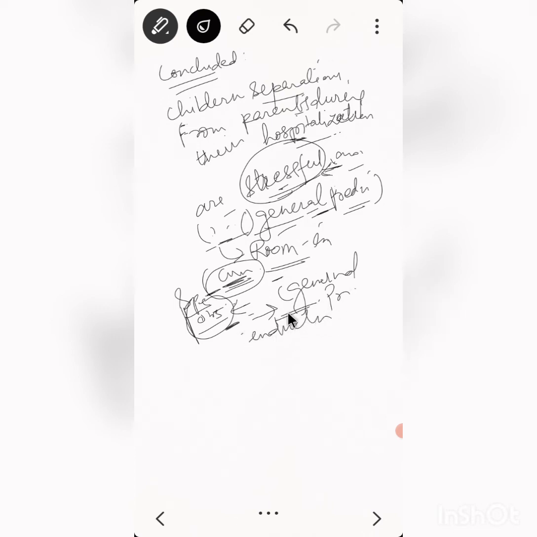And the vice versa of this is your deductive reasoning. So what is deductive reasoning basically? Deductive reasoning is the process of developing specific prediction from your general principle.